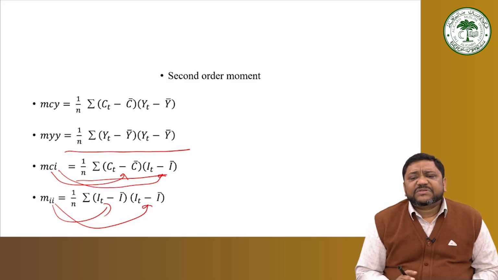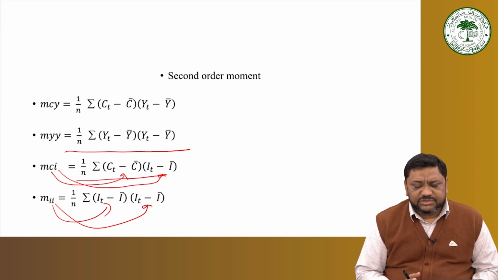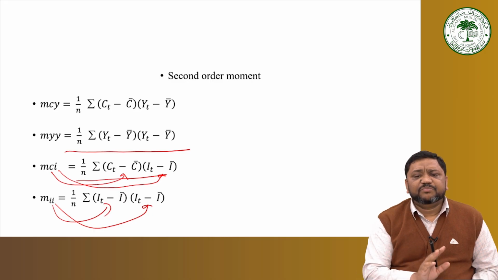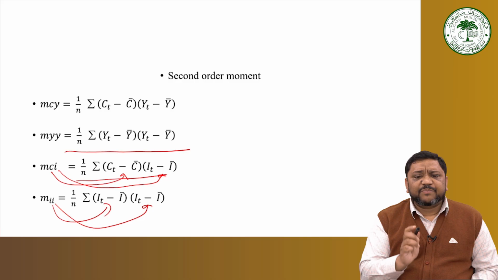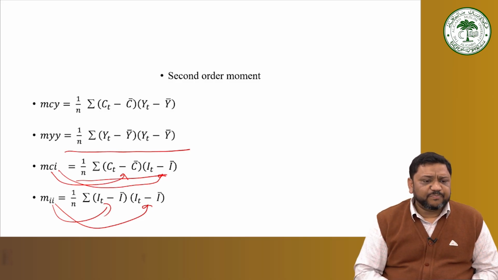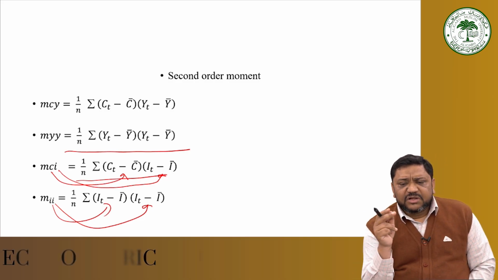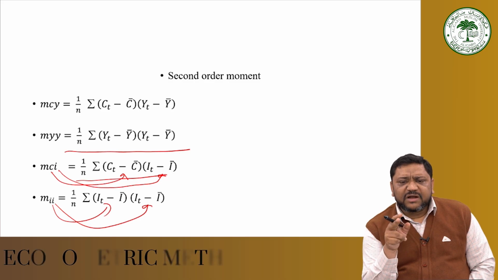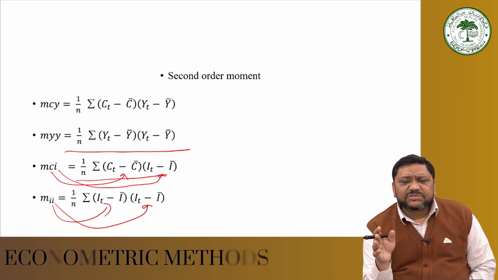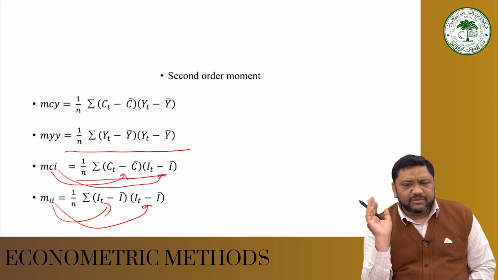Now see, here they represent the sample covariance and sample variance between different variables in the system. The notation Ct, Yt, It represent the sample mean of the variables. What are those sample means? C bar, Y bar, I bar. Now what is variance? The second order moment of a single random variable represents the dispersion or spread of values from the mean.